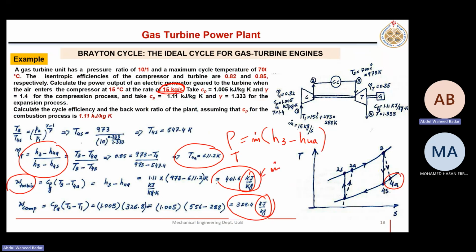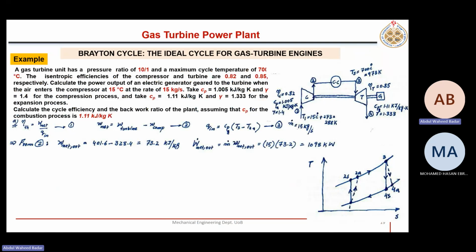But here you see the difference between turbine work and compressor work. The compressor is consuming a lot of work. 382, 401 is the total work output of the turbine, so more than 50% is going back to drive the compressor.